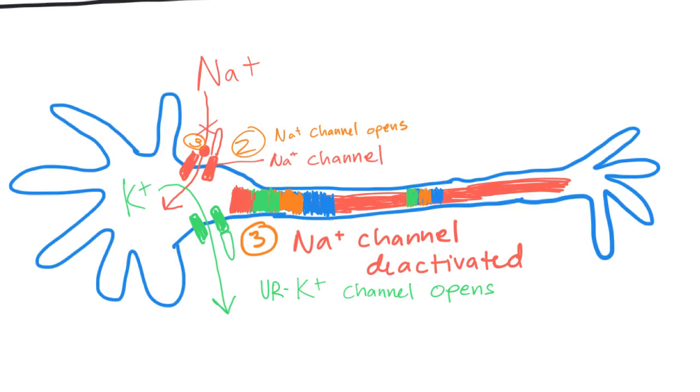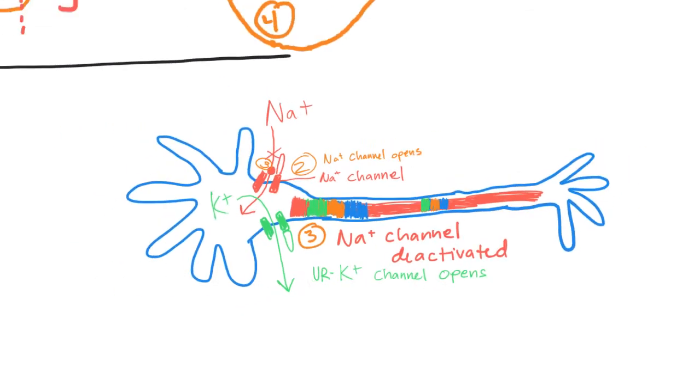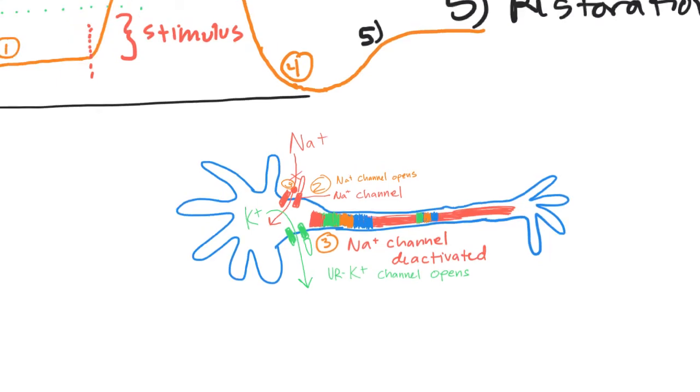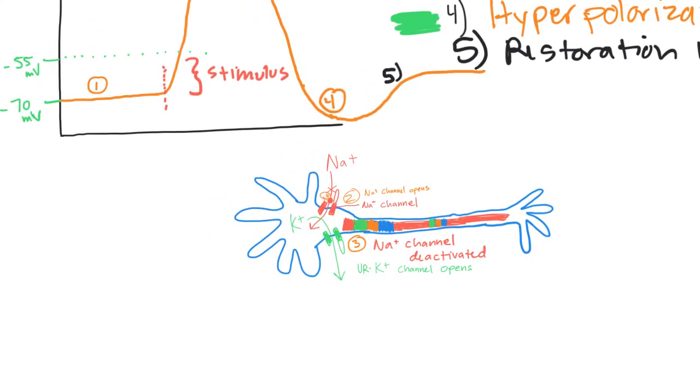So the sodium channels will open, and the potassium channels will open. It's just kind of a give and take, going up and down, overshooting all the way down. That's how an action potential works, until it gets all the way to the end of the axon terminal, and then the next thing happens: a neurotransmitter transmits to the next signal.